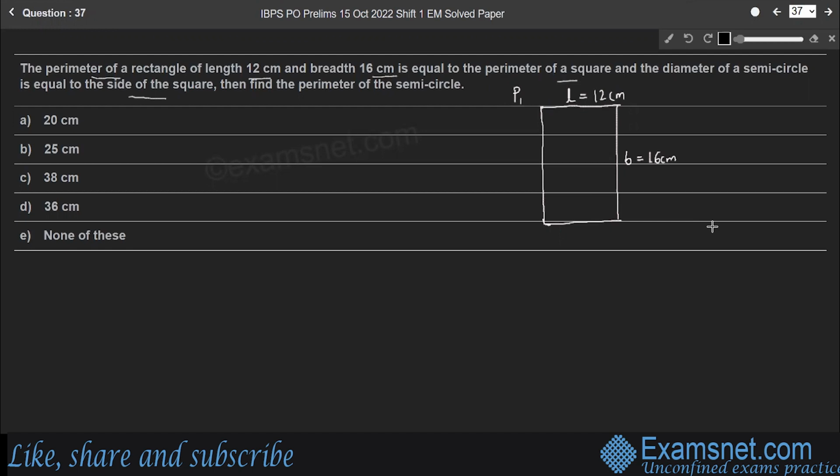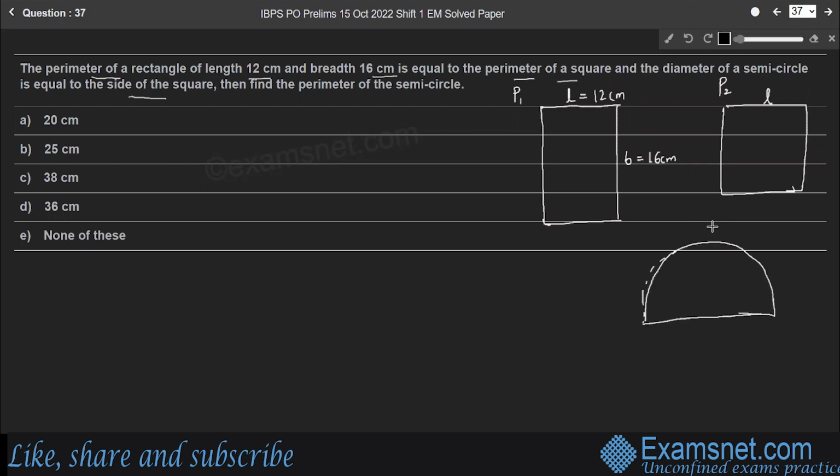So the perimeter of the rectangle is equal to the perimeter of the square. Consider a square whose perimeter is P2 and whose sides are L. Right? So all the sides are equal here. So P1 is equal to P2 here. And the diameter of a semicircle is equal to the side of the square. Consider a semicircle.